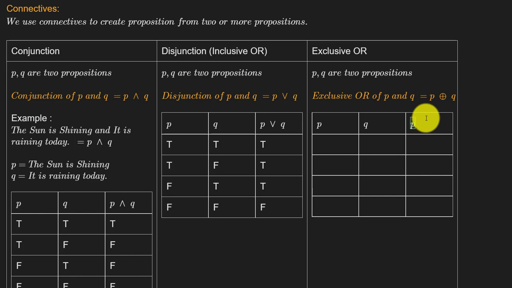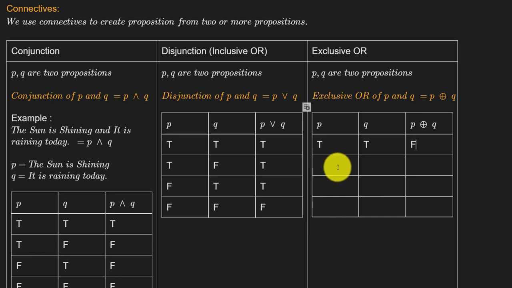So if P equals true, Q equals true, in this particular case this expression becomes false. So when we talk about inclusive OR, we talked about at least one of them being true, right? Here in exclusive OR, it has to be the case that either P or Q is true, then only this particular expression becomes true.